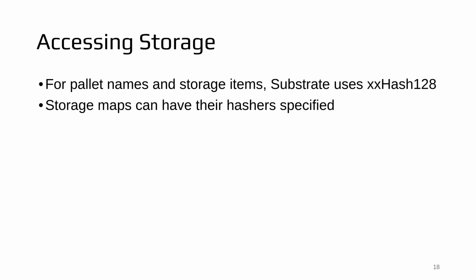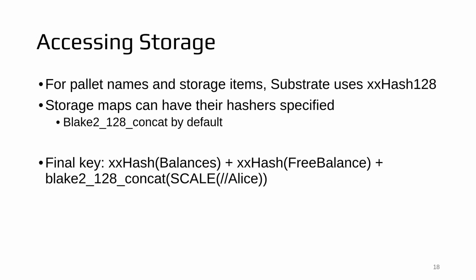But storage maps can have their hashes specified, so you can use different hashes, but they use Blake 2128 concat by default. And so the final constructed storage key in our case is going to be the 2x hash of balances, which is the pallet name, and the 2x hash of free balance, which is the storage item name, and then the Blake 2128 concat, because that's the hasher being used within free balance, of the SCALE encoded Alice address. I'm just using Alice as a mnemonic.